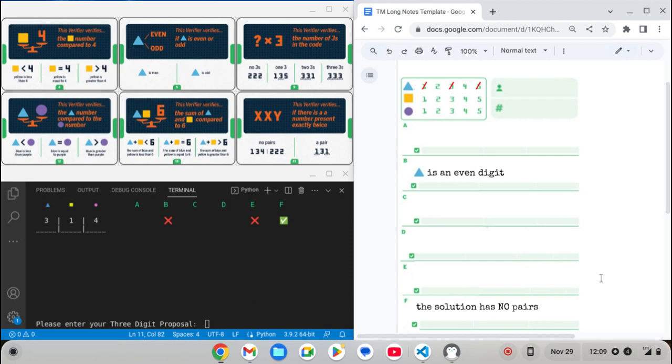And we'll say that triangle plus square is either equal to or greater than 6. Okay, and let's see.